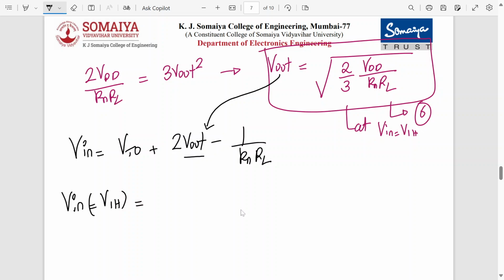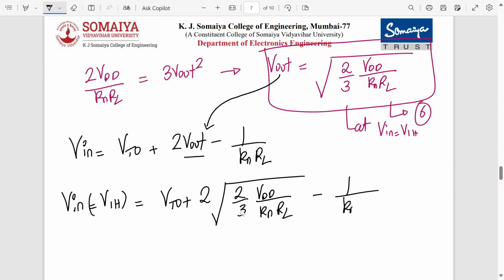So Vin equal to VIH will be equal to VTO plus twice square root of 2 by 3 VDD upon Kn into RL minus 1 upon Kn into RL.